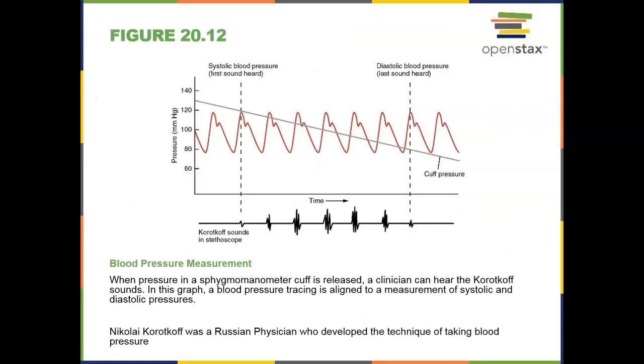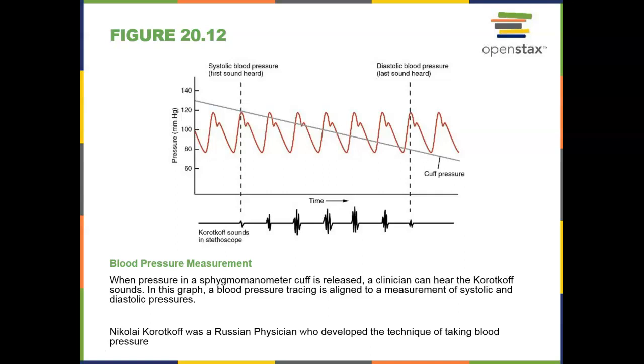To read our blood pressure, we use a pressure cuff called a sphygmomanometer, and we hear certain sounds. There's a lot of sound going through, but the first pressure sound that we really hear that's obvious is known as a Korotkoff sound.